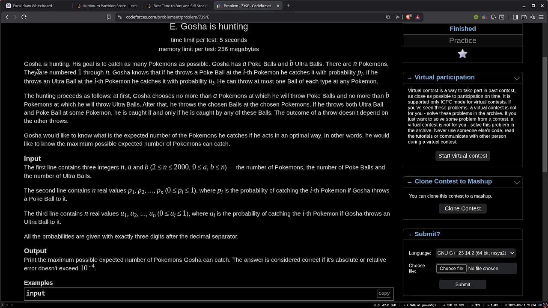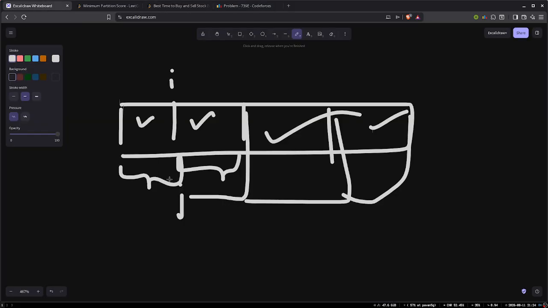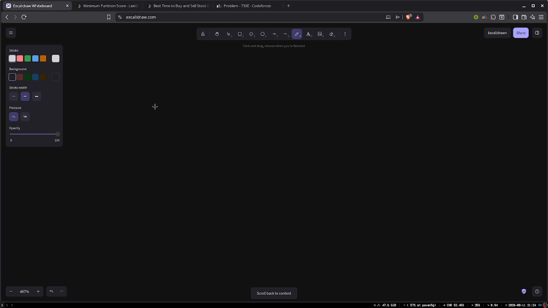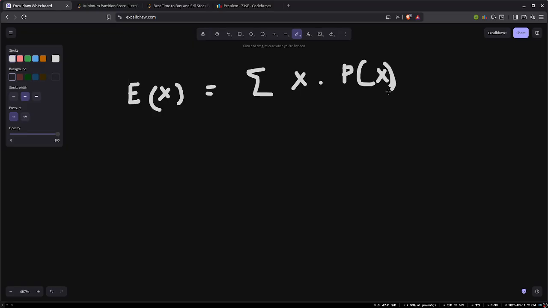And we have the next problem. This has a little taste of probability. So a small prerequisite I want you to know is the expected value formula. Expected value E of x is equal to sigma x into probability of x, where x is an event.